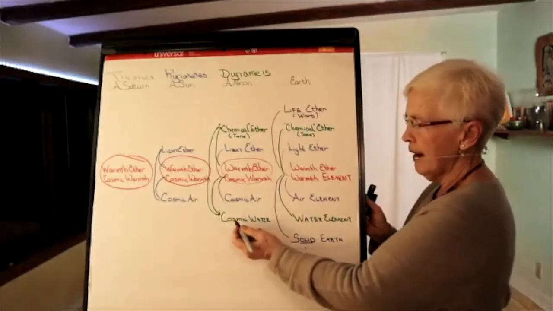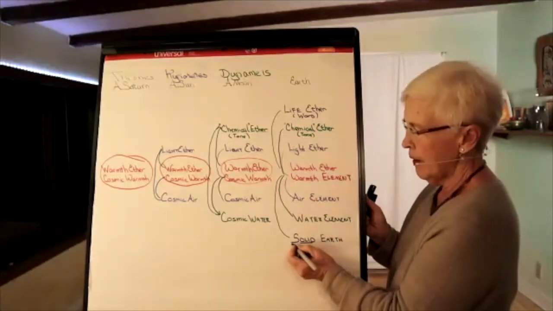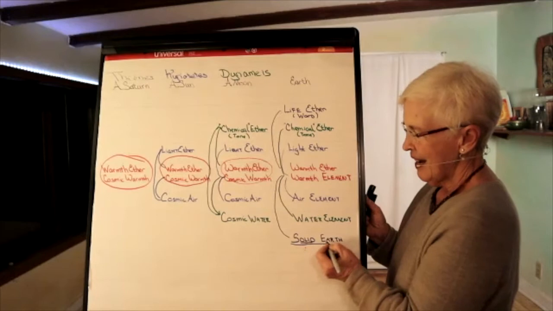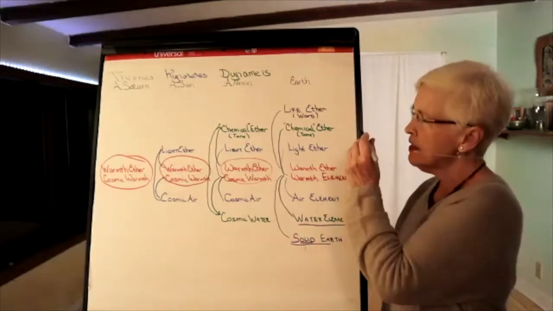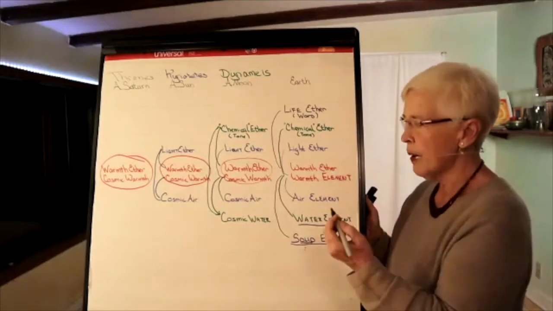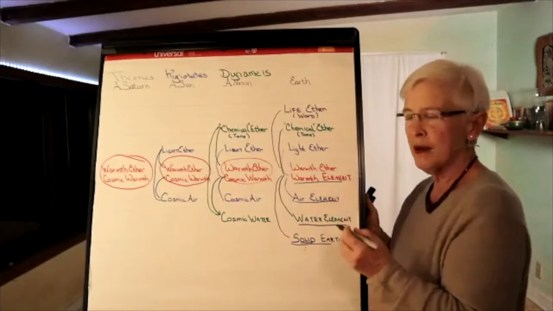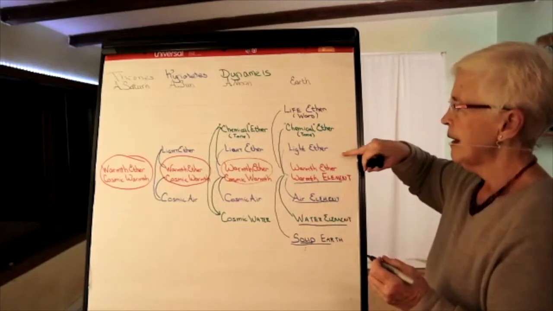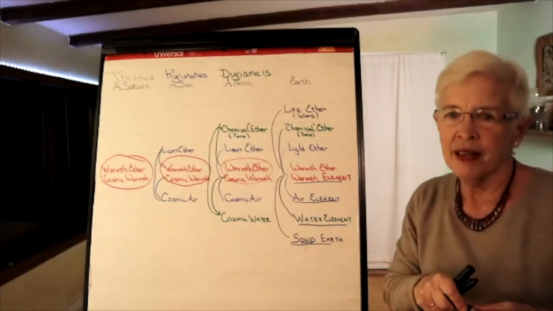Instead of calling it cosmic water, air, warmth, we're going to call it the water element. So first, not until we get to the earth stage where we're going to have material, do the elements appear as elements, but they are still connected with the ethers.